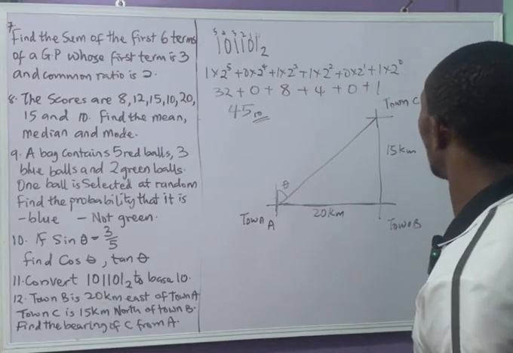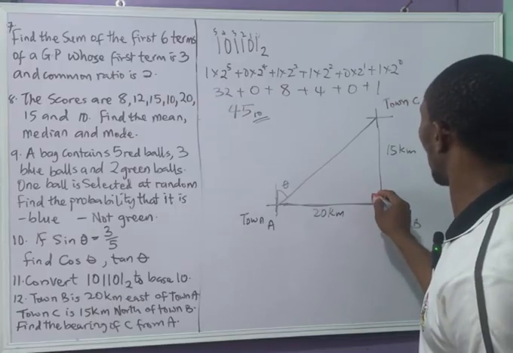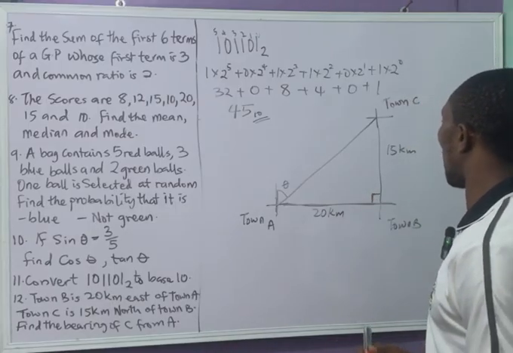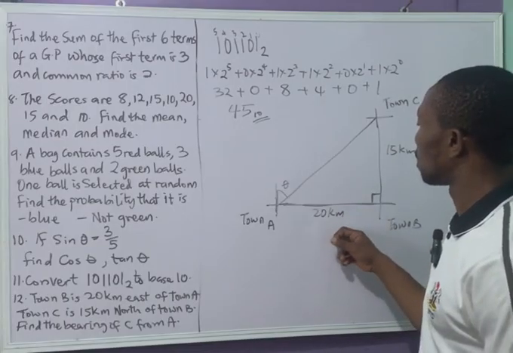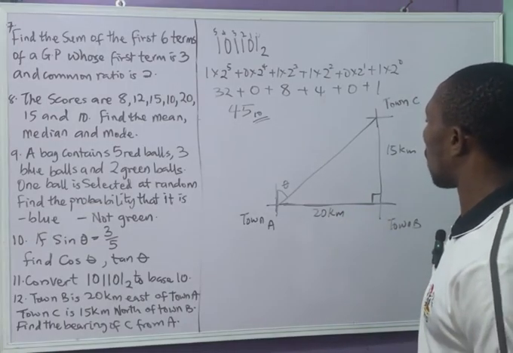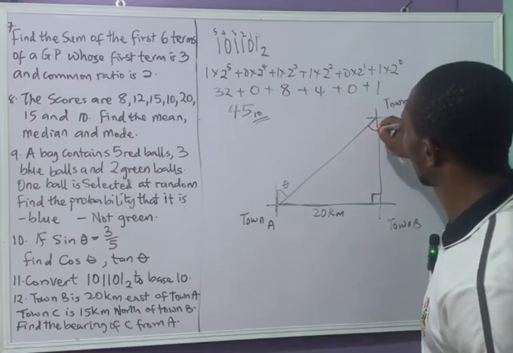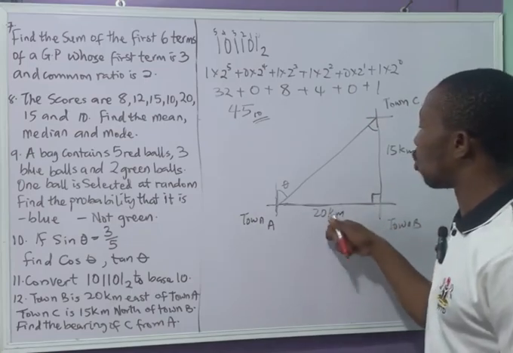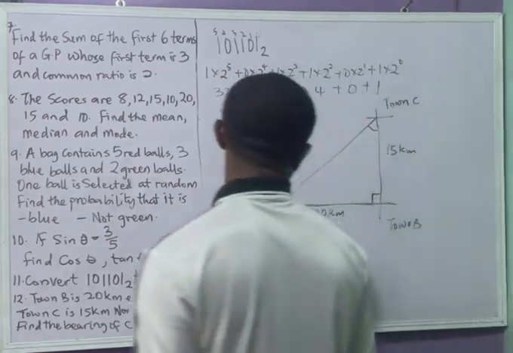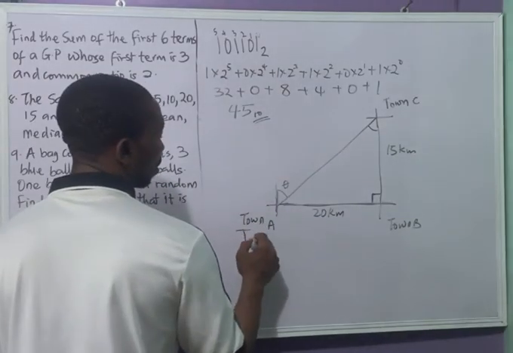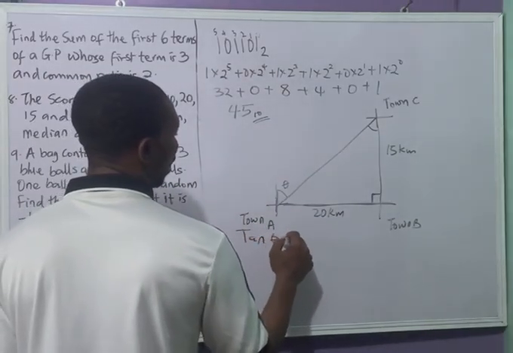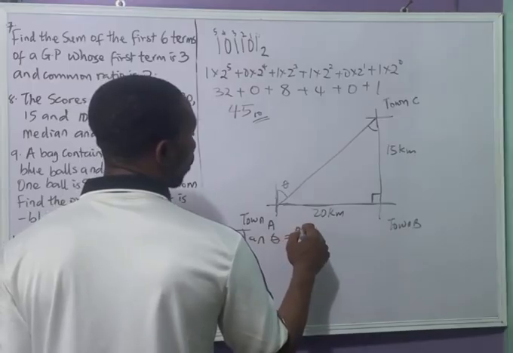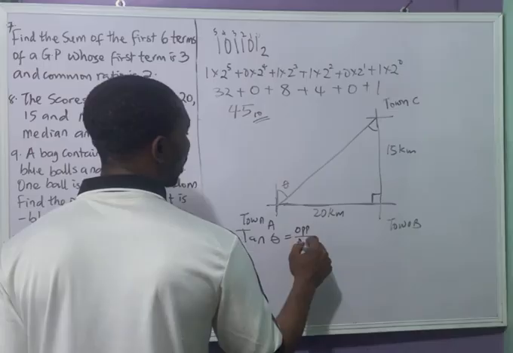Since we know this is a right angle triangle already, and we have the adjacent, let's calculate this angle. We have opposite and adjacent, so we can use tan theta. Tan theta equals opposite over adjacent.